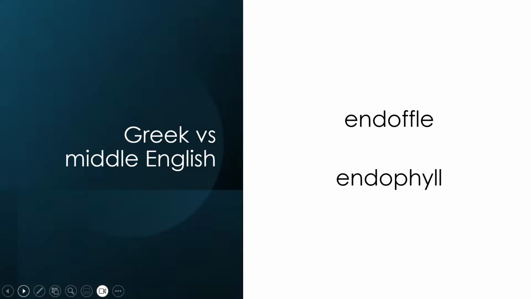These two words are made up, but they demonstrate this. They have the same letters, the same sounds, E, N, D, O, F, I, L. One is a spelling from the original English strand of the language, and the second one is from the Greek strand.